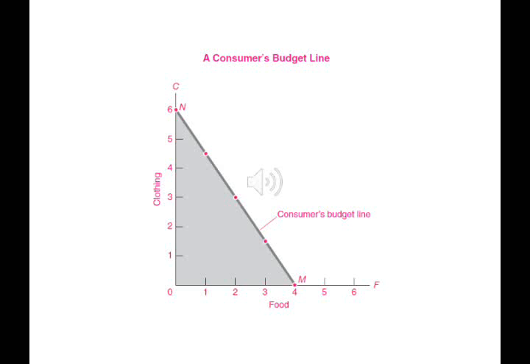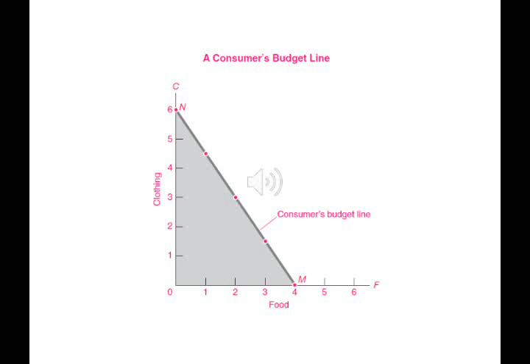So what is this budget line? All points on the budget line are affordable for the consumer. They represent consumption bundles where the consumer will be spending all his income on the quantities of these consumption bundles. Okay, so what are points that lie to the right of the consumer's budget line?